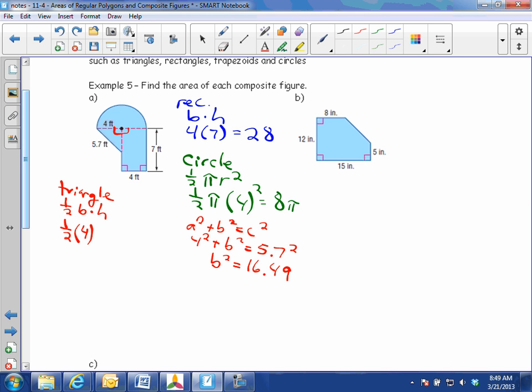Okay, is that a nice perfect square? No. So for right now, I would just say it's the square root of 16.49. So this is our height over here.